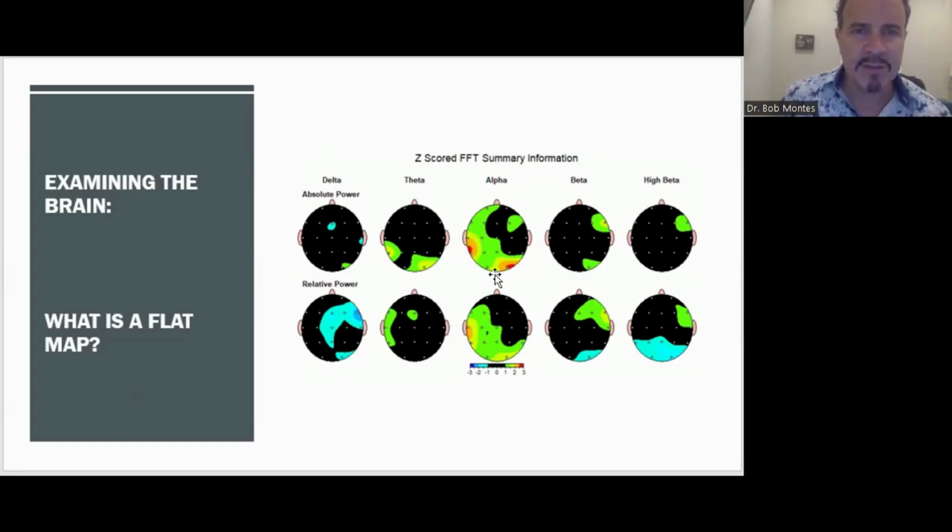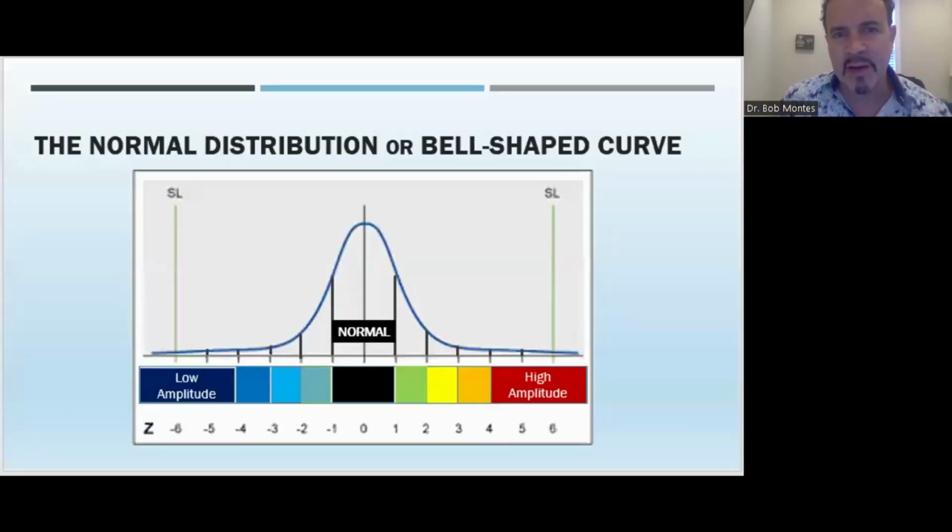And this amplitude is considered high, and the colors indicate that these are up to 3 standard deviations above what is normal. So if we were to go back to the normal distribution, the flat map that I just showed you is showing amplitude over here in this area. So it can be as high as 3 to 4 standard deviations above what we consider normal. So it would take some work to improve that.